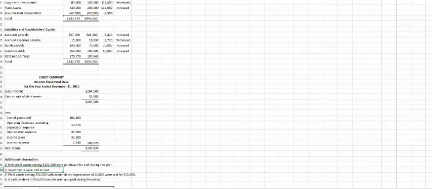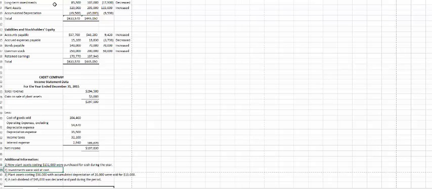Investments were sold at cost. Let's go ahead and take a look at that one while I have it pulled up. If investments were sold at cost, they were sold for whatever we originally purchased them for.